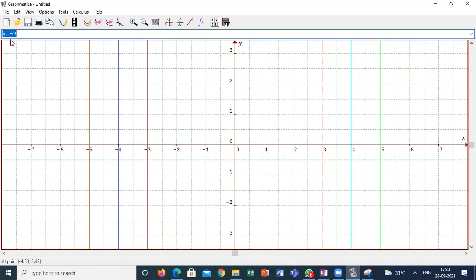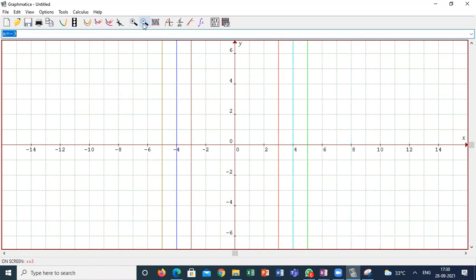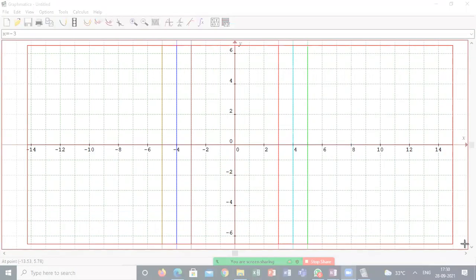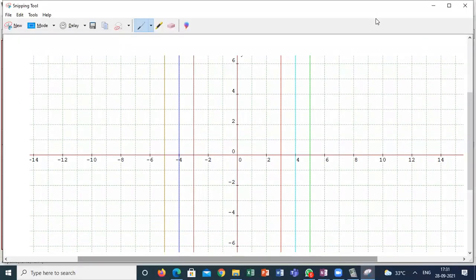If I'm trying to identify some coordinates with respect to these lines, suppose I'm taking that blue color line, see, this is a point minus 4, 1. This is a point minus 4, 2.